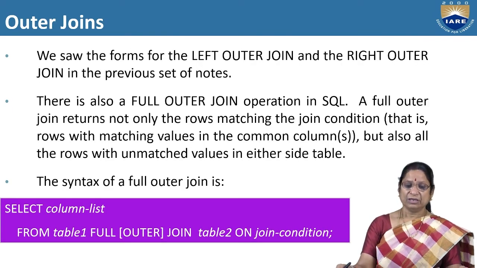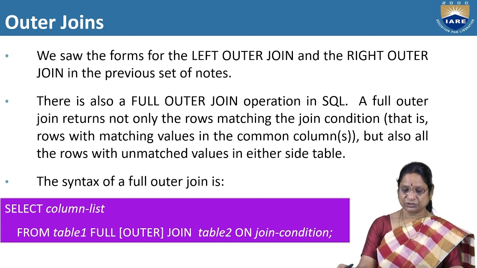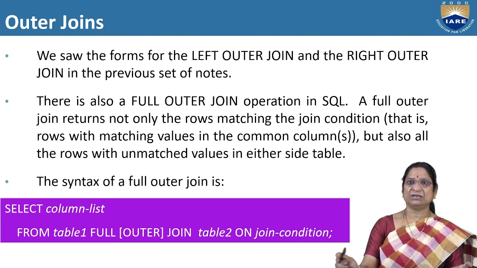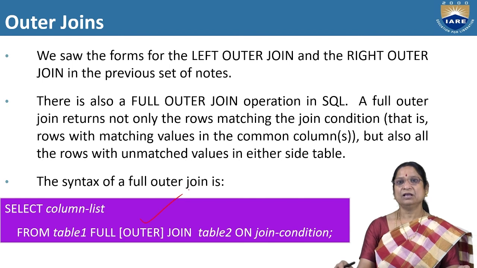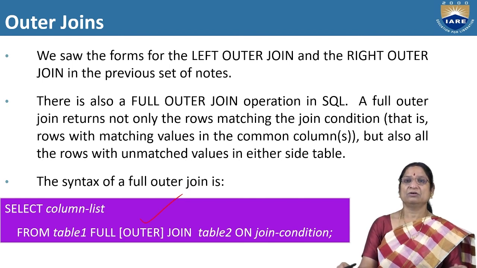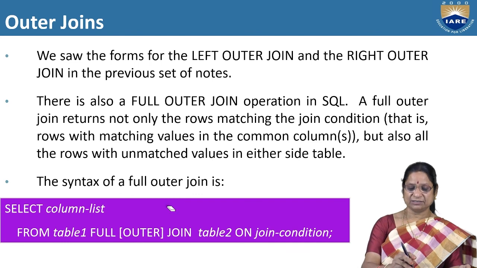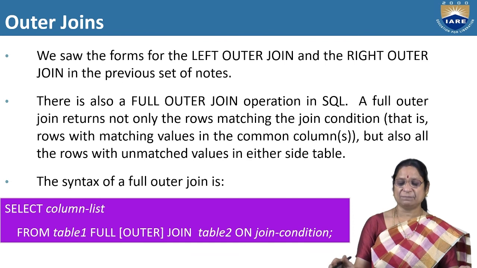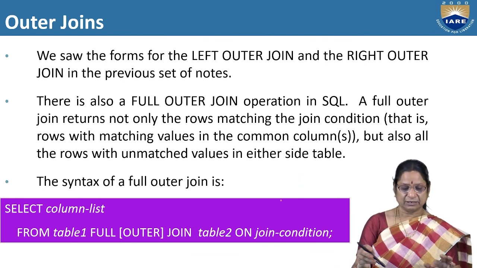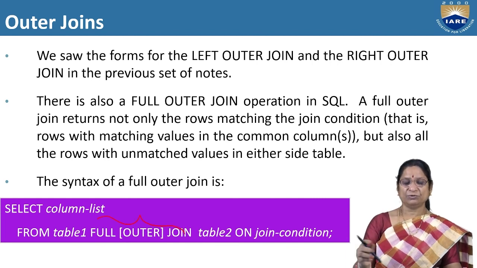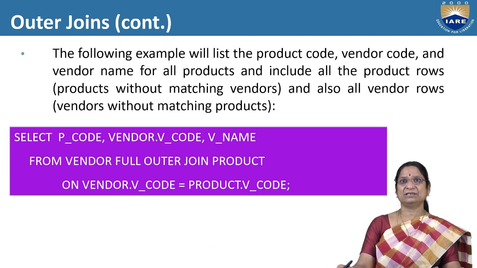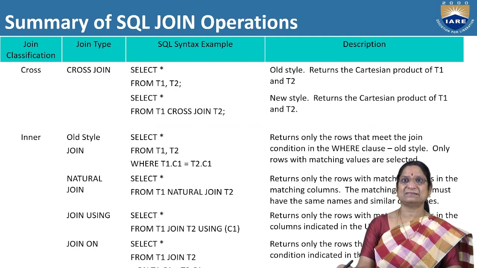Even for outer join also we can use the join on condition, but from table 1, instead of using join, we will use outer join: full outer join, left outer join, right outer join. These are the three words we will use, then table 2 on, and we will write the condition. Instead of using the plus mark, we will write that word itself. Only the syntax is changed, but the internal working and logic are the same.